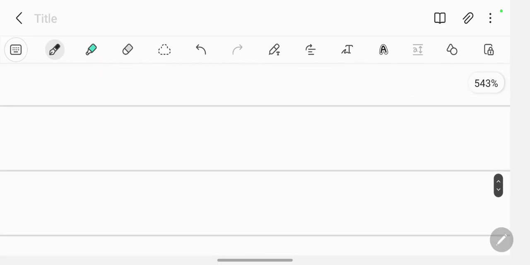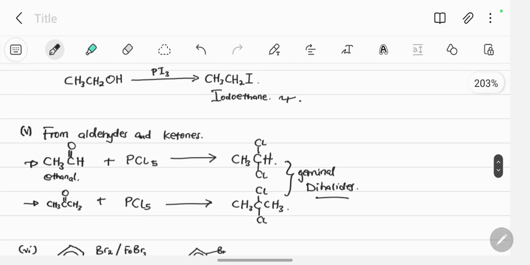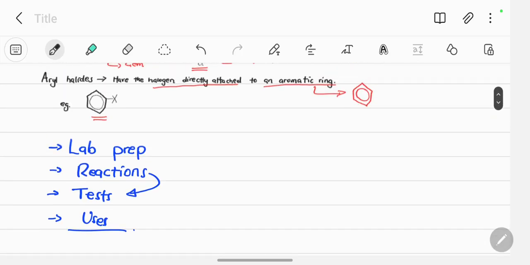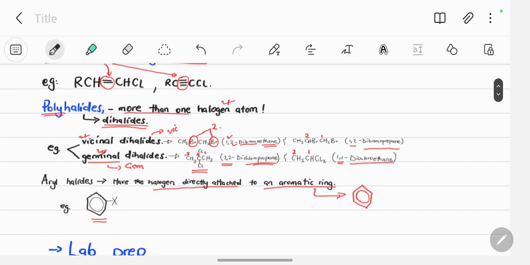So let us now prepare our, so how did we call this? Those compounds with the halogen and an aromatic ring, we called them aryl halides.